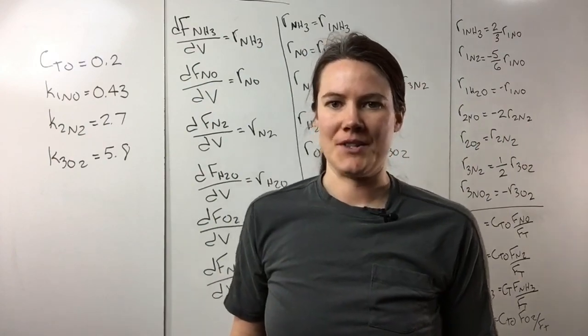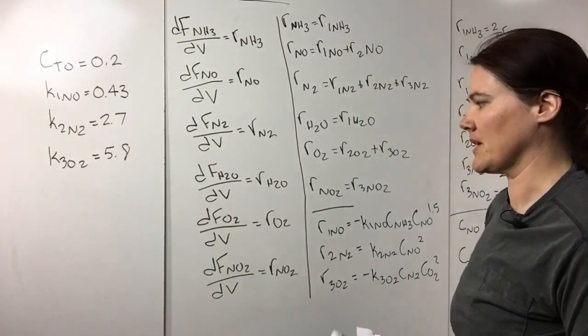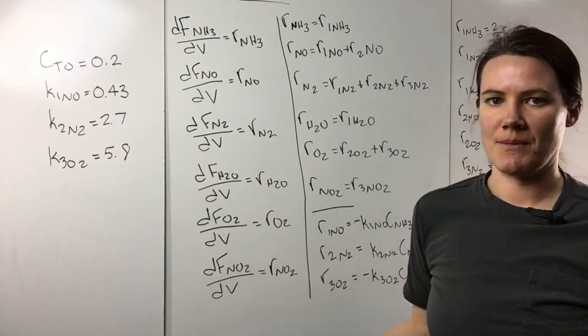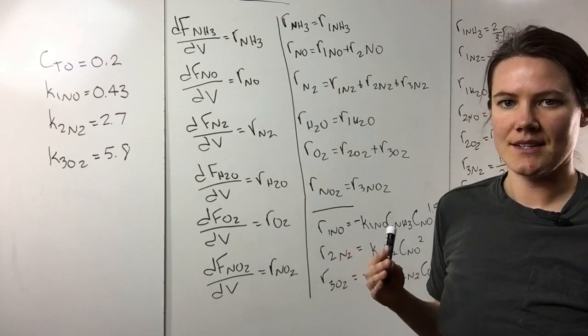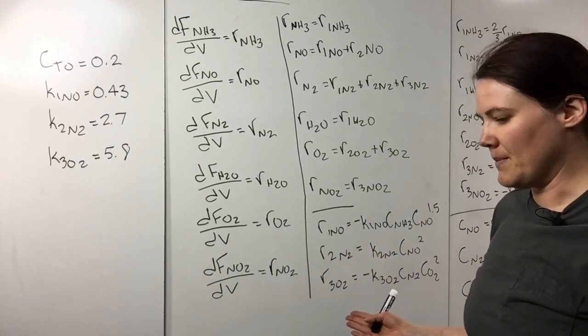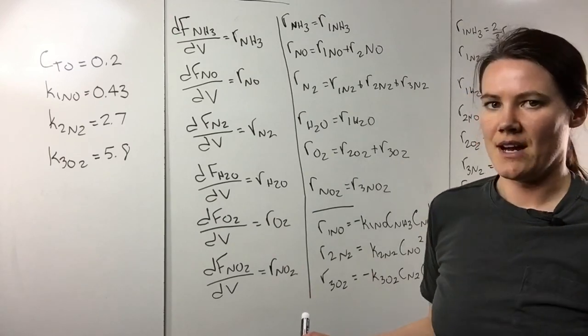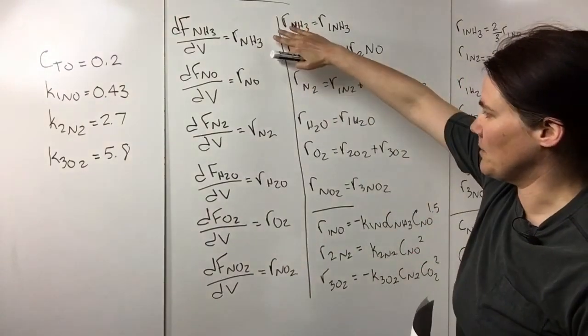For the final part of this problem, I'm going to be solving this in MATLAB, but you could also put these equations into Polymath. So I just went through and summarized everything we derived in the problem and wrote them in the form of how I'll actually enter them into the computer program. So these are the mole balances.